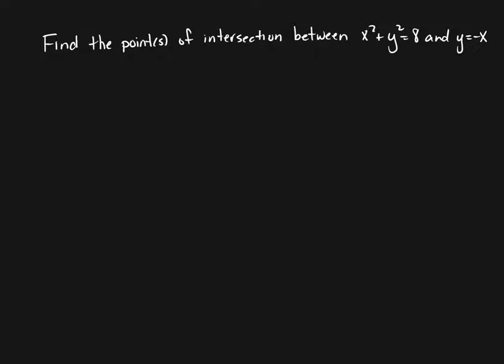Okay, now I told you a while ago we're going to always use a system of equations and the substitution method. So we either replace the y with negative x or we replace the x with negative y. It doesn't matter which one. I think I'm going to replace the y since it's the one that's solved for.